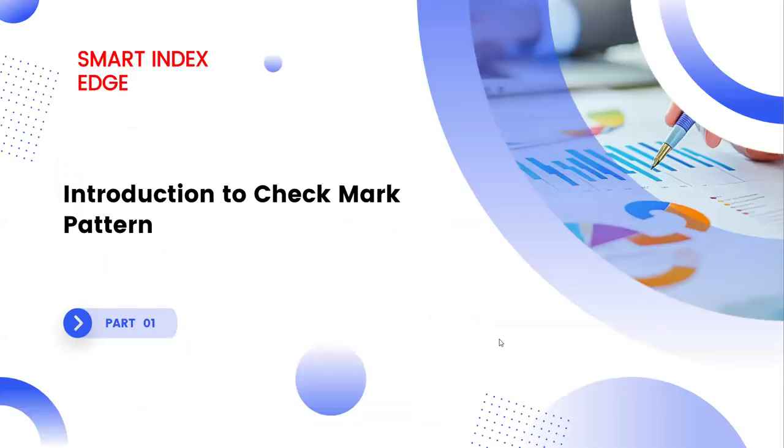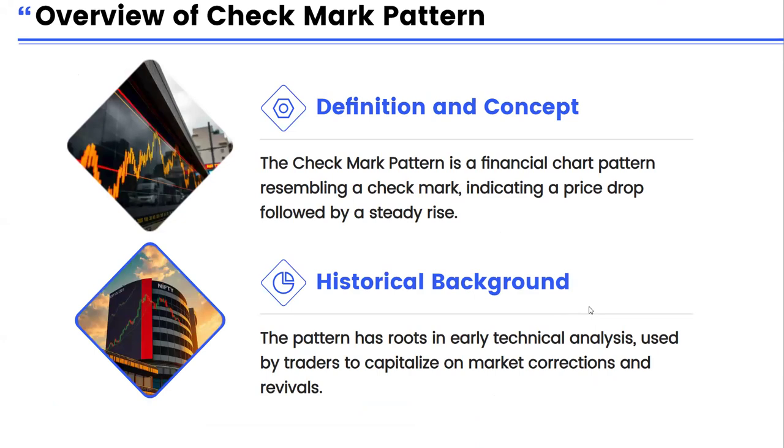Introduction to the checkmark pattern. First thing, you need to identify the checkmark pattern. The checkmark pattern is a financial chart pattern resembling a checkmark, like a right mark, indicating a price drop followed by a steady rise.